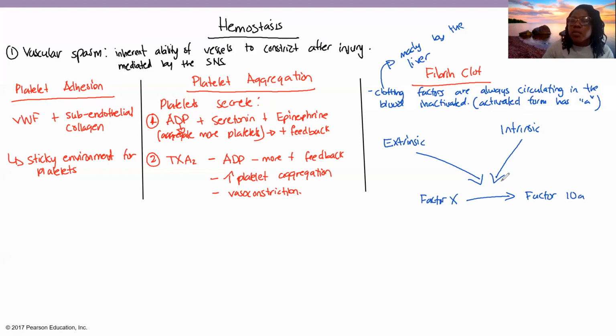Factor 10A is going to further convert prothrombin to thrombin, together with the help of some cofactors: tissue protein factor 3, along with calcium, along with factor 5. All three of these are going to work together to convert prothrombin to thrombin.